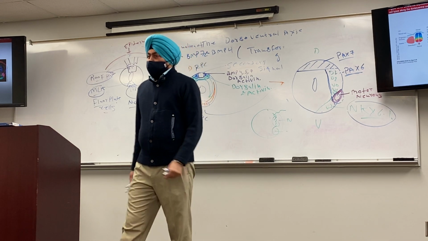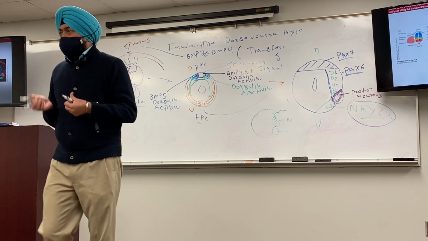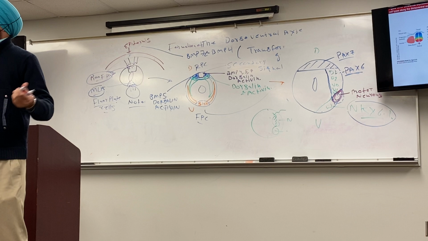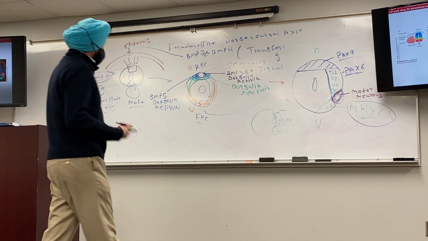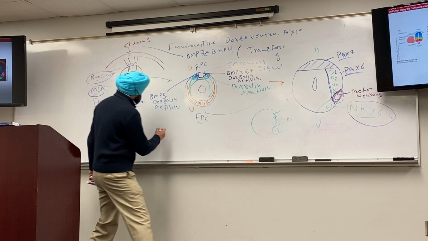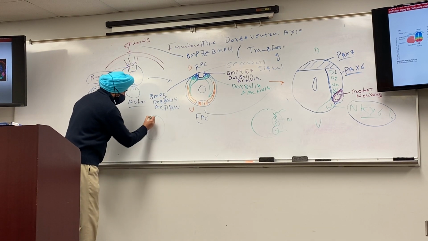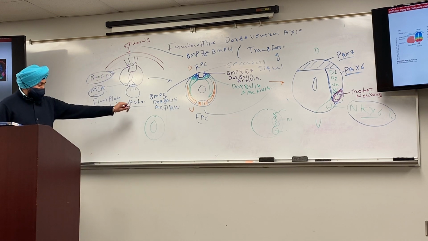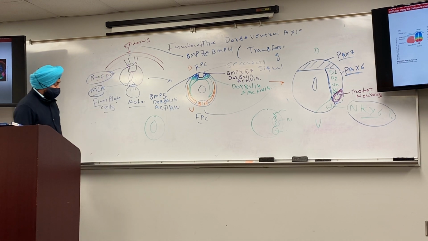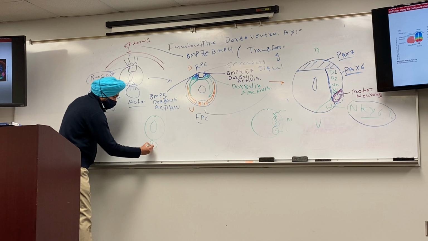Now, how do we know that what we are talking about is real or not? If you do an experiment, you take a developing neural tube, and you have the notochord here.